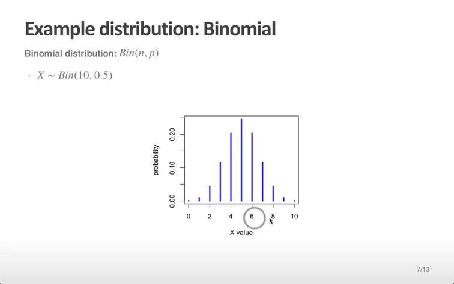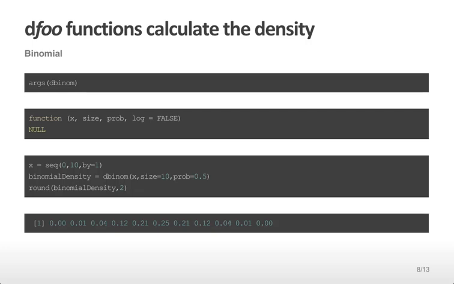Recall that the expected value is 5. We expect to see 5 heads. To calculate values of the binomial density, we can use the dbinom function. This has parameters x, size, prob, and again, whether we should return the probabilities on the log scale.